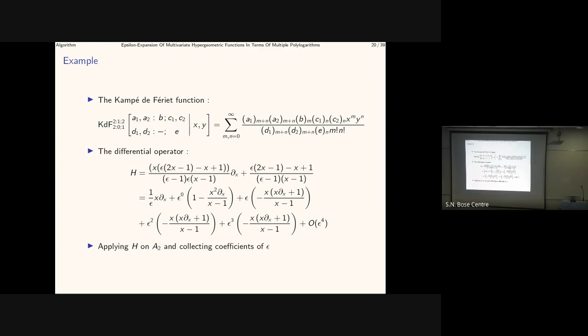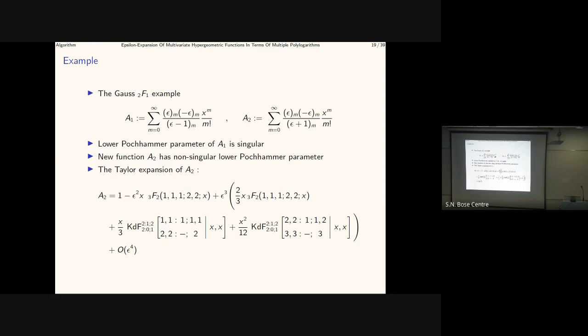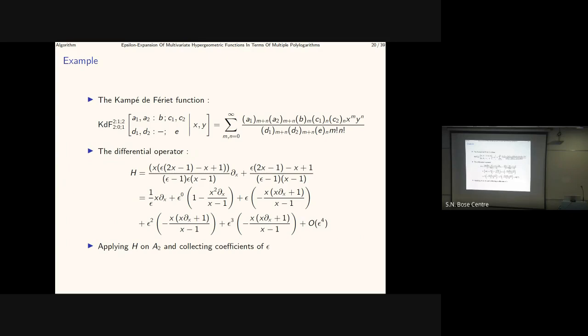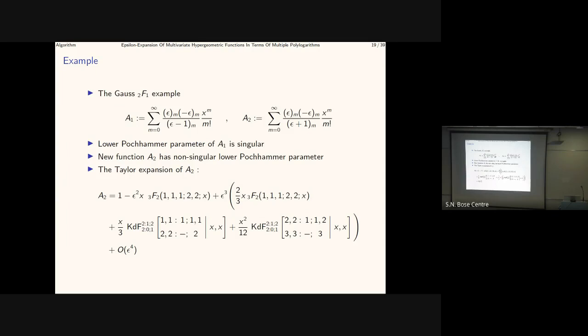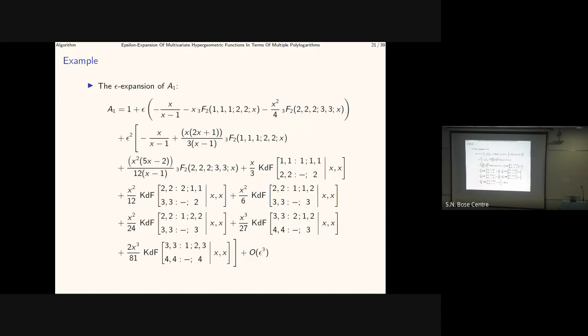So by applying h on the Taylor expansion of this function, you can get the series expansion of a1. So we applied this operator h to find the series expansion of a1. So this is an example of the algorithm.